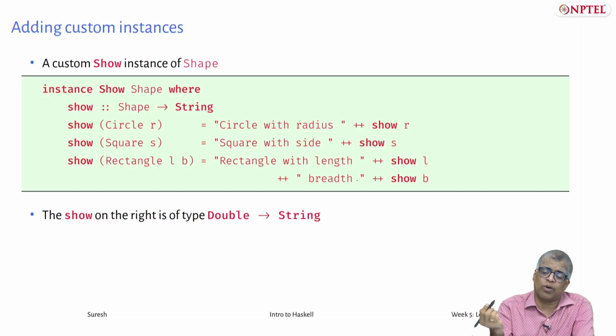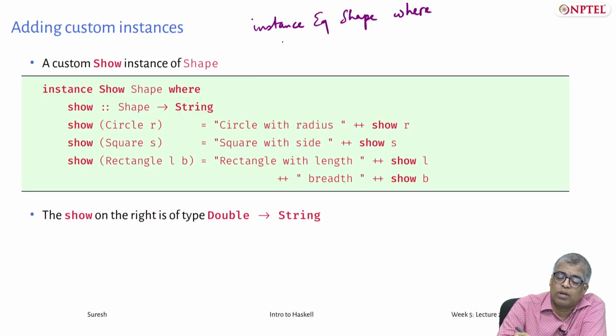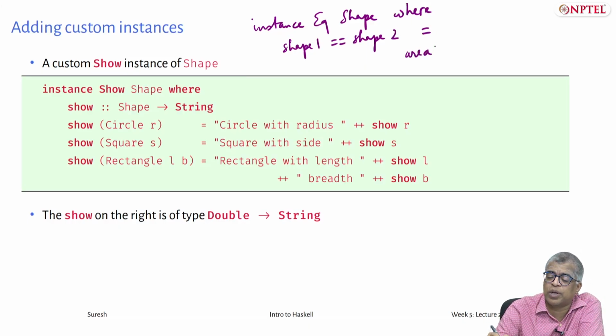And I could also have my own equality. I can say instance Eq Shape where Shape1 equals Shape2 is the same as saying area of Shape1 equals area of Shape2.